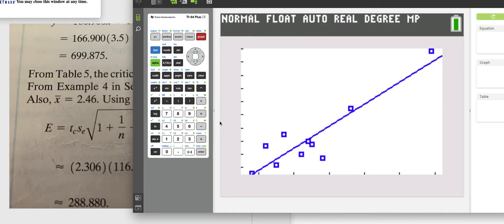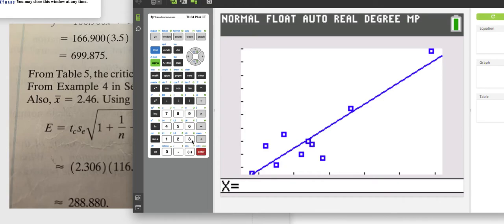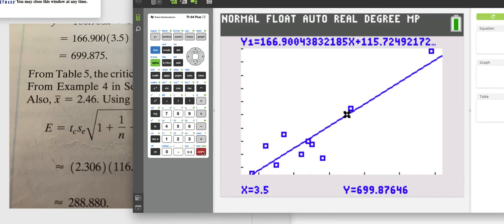So for this problem, it says construct a prediction interval with 95% accuracy. So if I just enter in the value 3.5, what do I get? Okay, I get a value of 699.876. But how accurate is that? Well, we don't know.